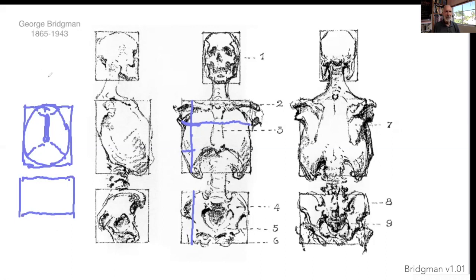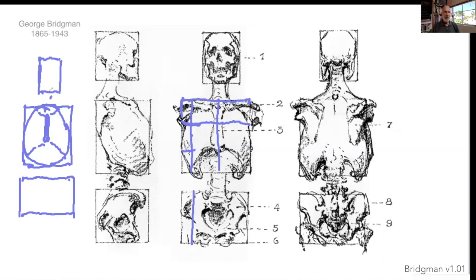How high is the head? About the same height as the pelvis. How wide is it? Oh, it looks to me like it's about half the width of the rib cage. My goodness, I'm learning. So that means if I could take this width and make the head, the box that the head fits in, same height as the pelvis, that's going to do fine.